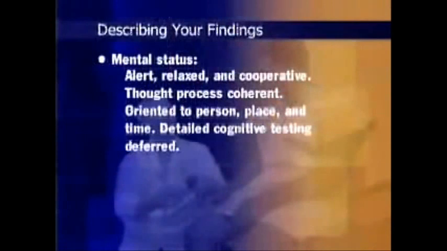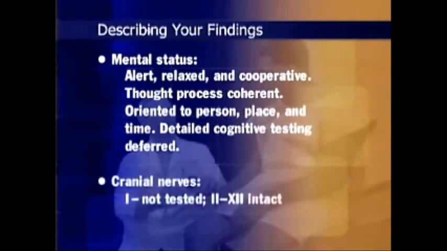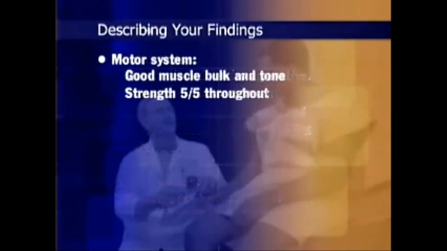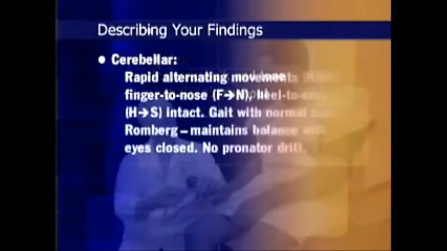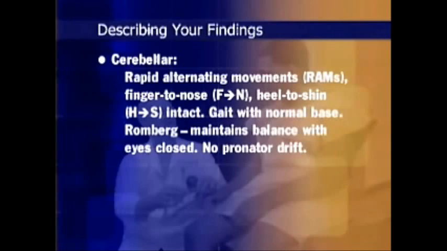For a healthy patient, your write-up might include language such as: mental status, alert, relaxed, and cooperative, thought process coherent, oriented to person, place, and time, detailed cognitive testing deferred; cranial nerves, 1 not tested, 2 through 12 intact; motor system, good muscle bulk and tone, strength 5/5 throughout; cerebellar, rapid alternating movements, finger to nose, heel to shin intact; gait with normal base; Romberg maintains balance with eyes closed; no pronator drift.